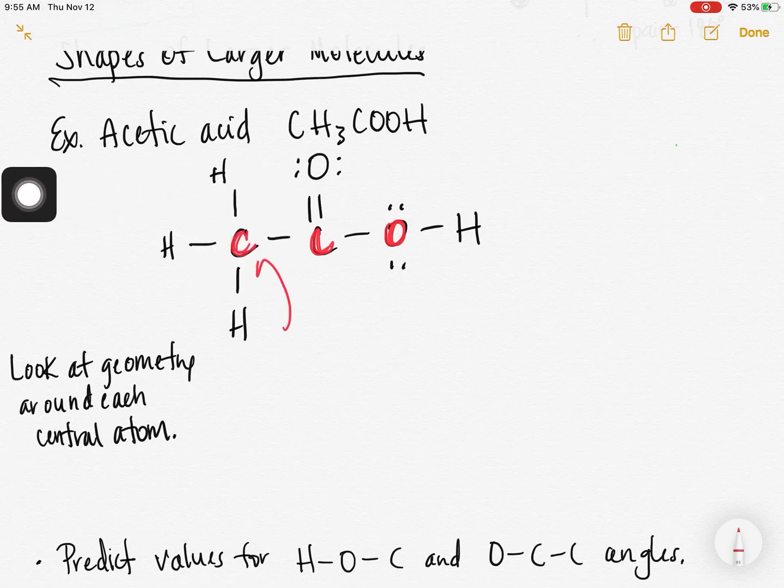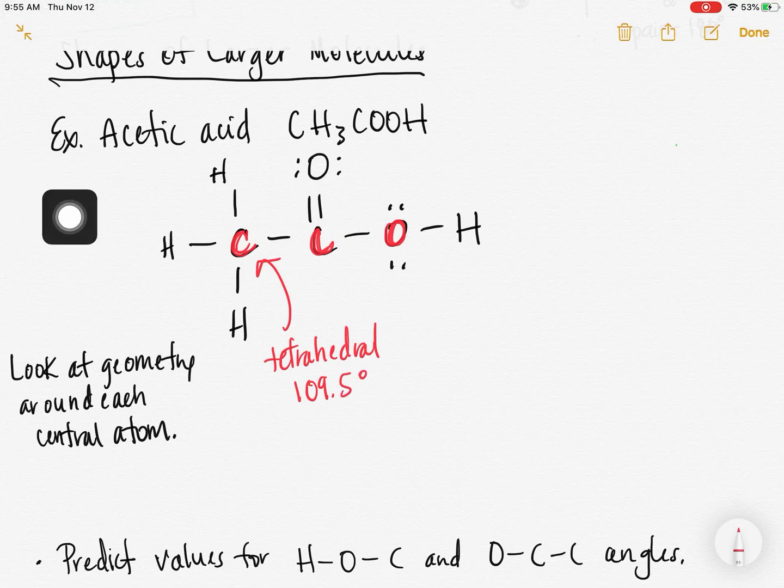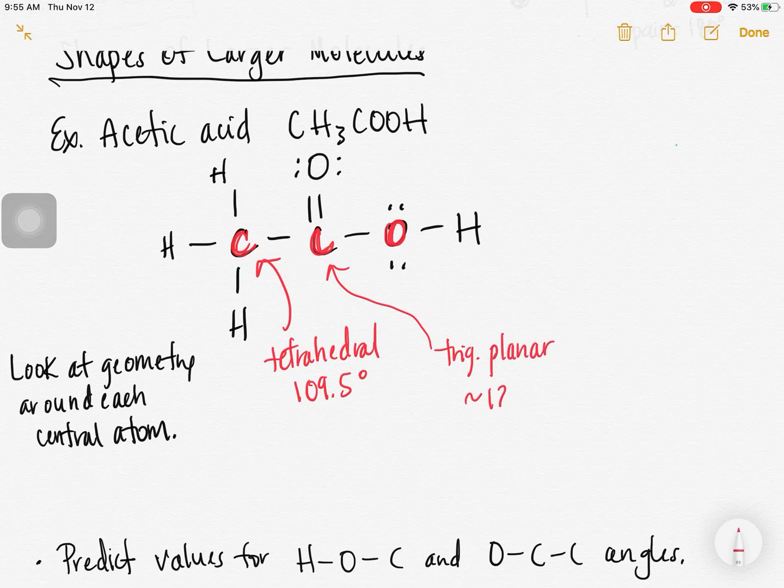Well, it's got 4 electron domains, and so surrounding this carbon, it would be a tetrahedral geometry. We would expect your bond angle to be 109.5. Surrounding the middle carbon, okay, it's got 1, 2, 3 electron domains, and so we would expect that to be a trigonal planar with a bond angle of approximately 120. Notice I said approximately because of this double bond.